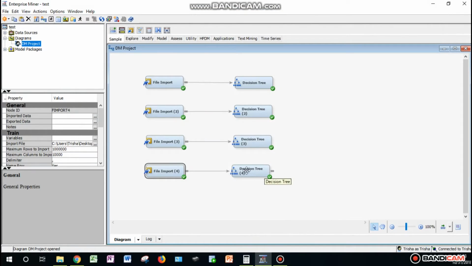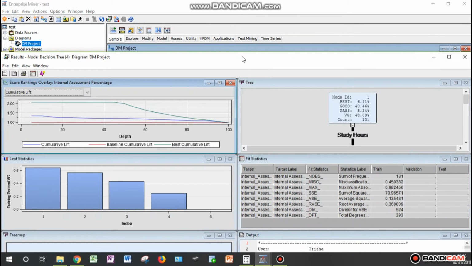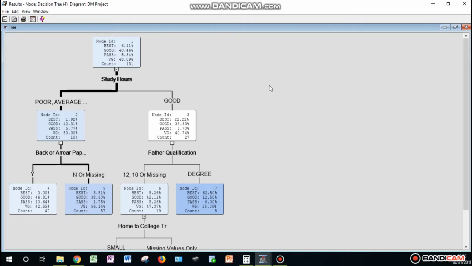And if we look at those results, we can see that study hours was driving a student doing well on the internal assessment. In total, we're looking at just best this time. In total, 6% of the sample received a best on the internal assessment percentages. If we look at just good study hours, those students received 22% of the best results in that sample.